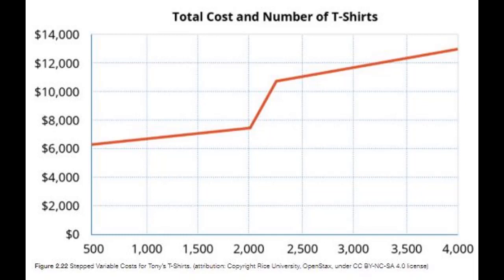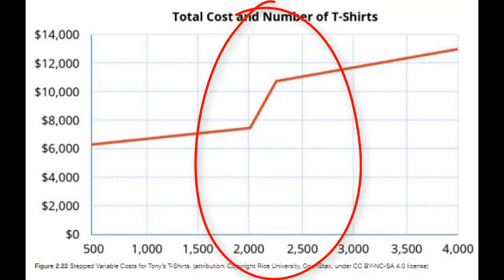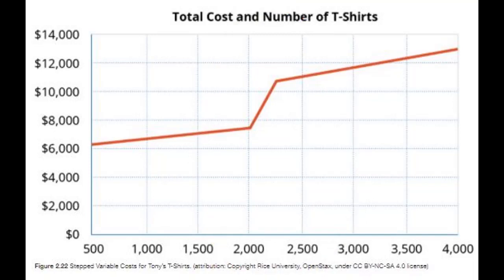For the most part, it seems to be increasing moderately as you move from left to right, but somewhere between 2,000 and 2,500 units sold, the cost line takes a leap upwards. What actually happens at that very point?